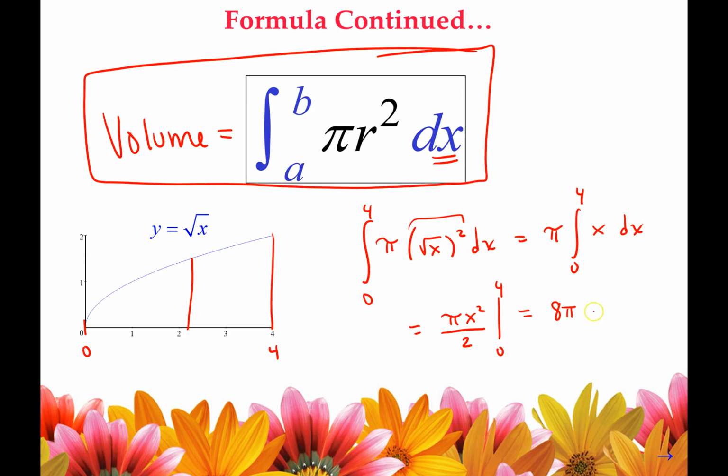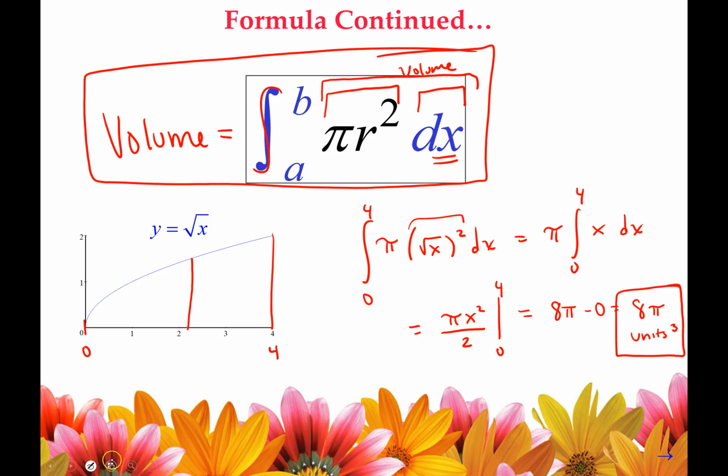And then I also get a minus 0. So the volume of this is going to be 8 pi units cubed, because we're talking about volume. And don't forget, we are summing up the area of a disk times its width, and we know area times width gives us volume. So that's why that formula works.